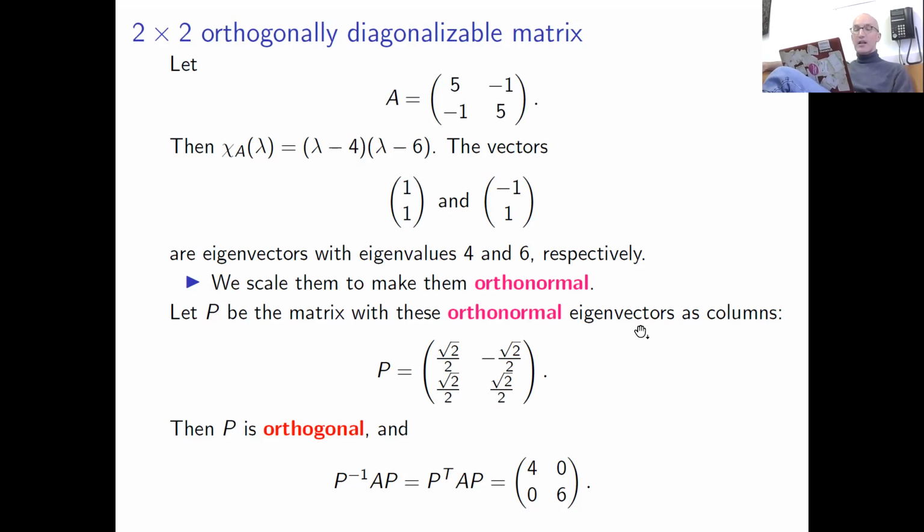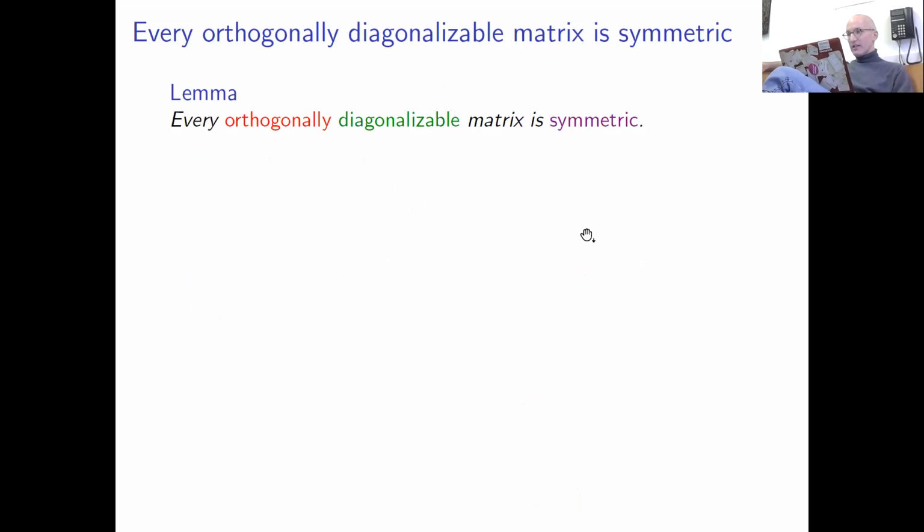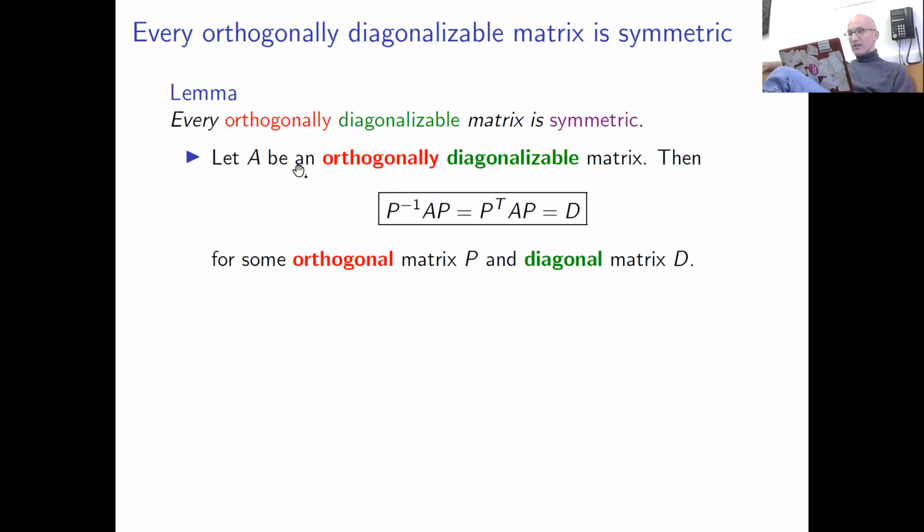Okay, now let's go to the proof of the main result. Let me restate it accurately in the language of matrices and proof. So the first part of the proof is given by this lemma. Every orthogonally diagonalizable matrix must be symmetric. How to prove it? By definition, you take a square n times n matrix A, and you assume it's orthogonally diagonalizable.